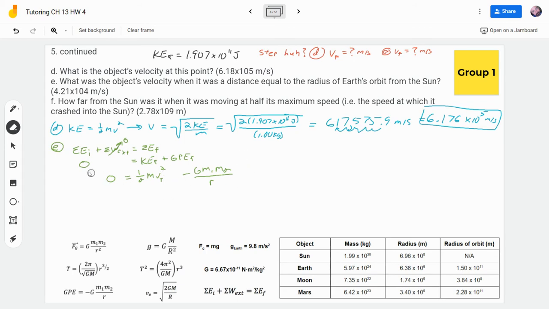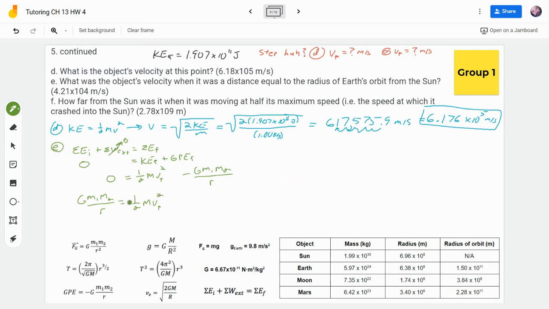All right, so this little bit of math that I have here, I've got to solve it for V. First, add this thing to both sides. We're going to end up with, on the left, G M1 M2 over R, equal to 1/2 M V final squared.